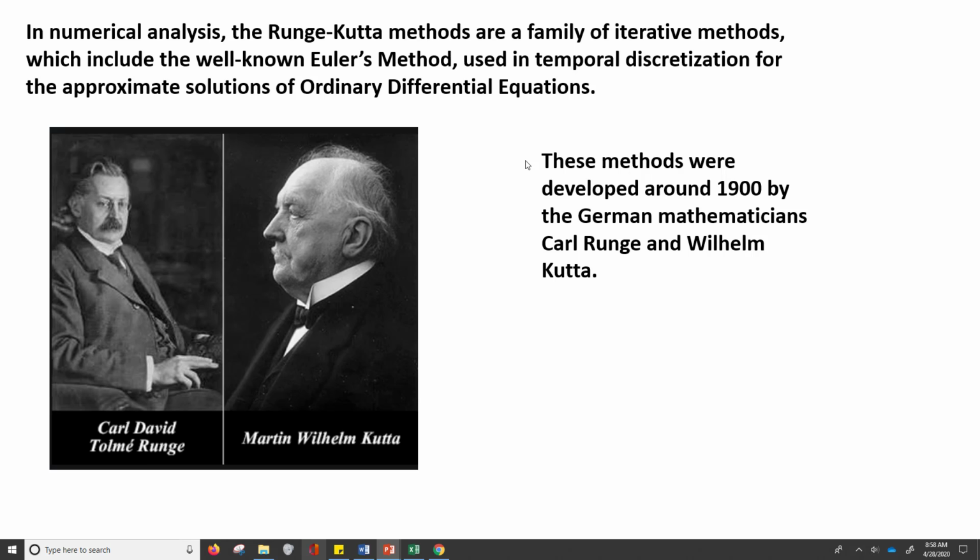Why? Because that's the most popular one that's used, because you get the most accuracy without using as many steps. So it's a family of methods. There are others, and they are also named after groups of people. But the Runge-Kutta is a classic.